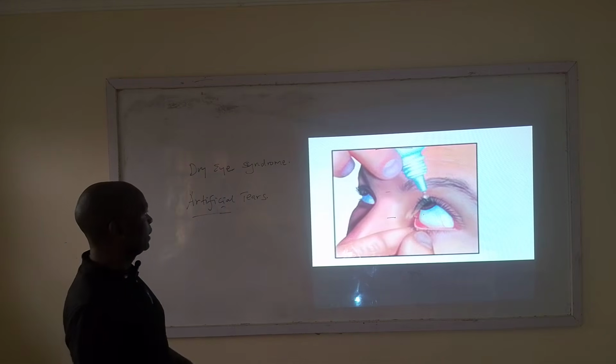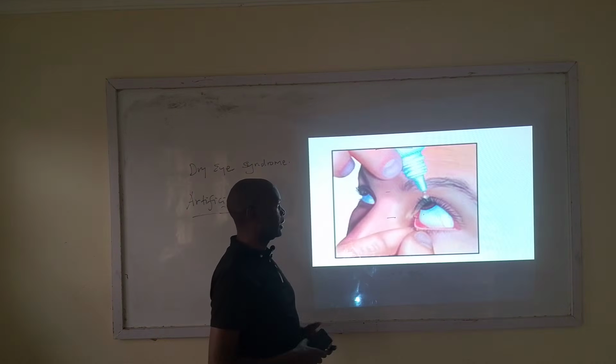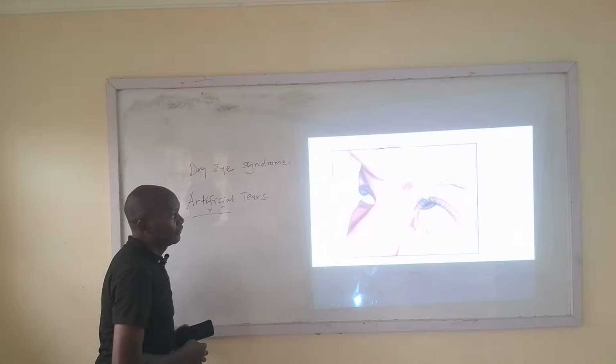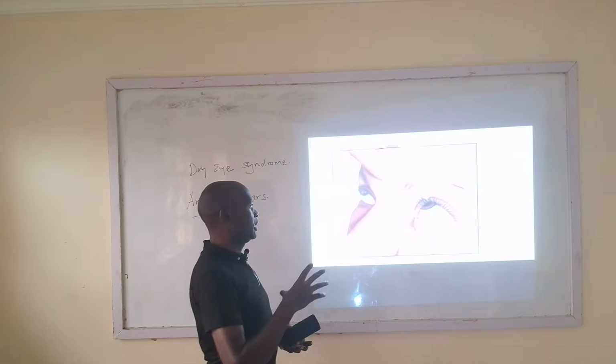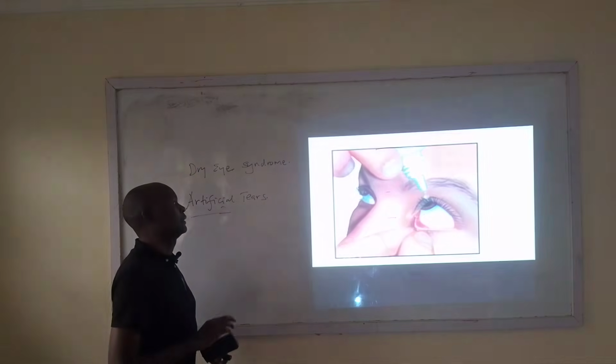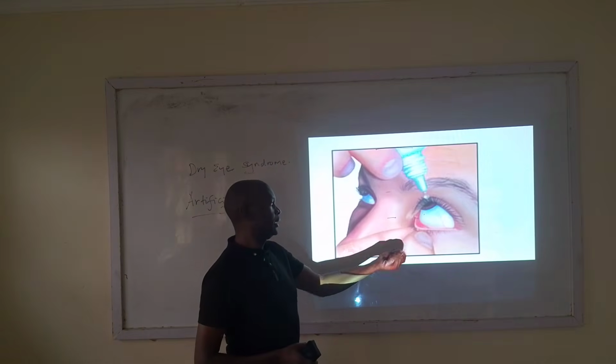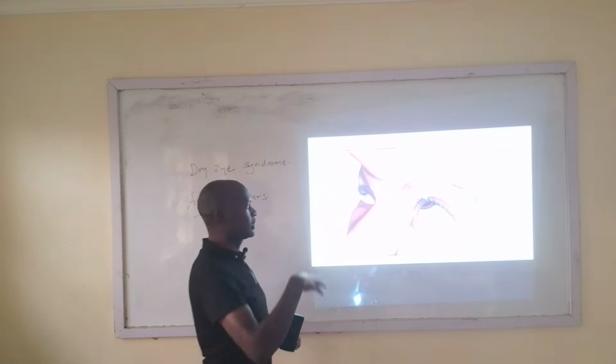So how do we administer the artificial tears? The patient is advised to tilt the head upward a little bit, and then you pull the lower eyelid to create a space.